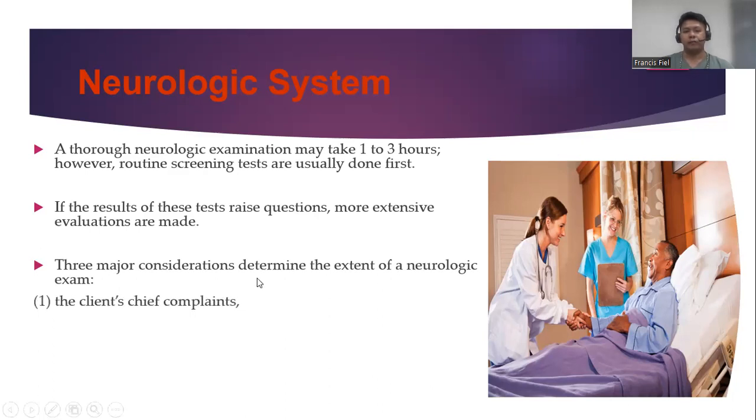Now, if you receive a client who has, let's say, been through a vehicular accident, you assess that client, there's a possibility that the client has a problem in the neurologic status. Or if the chief complaint of the client is stroke, there's a possibility that the patient has a neurologic problem.